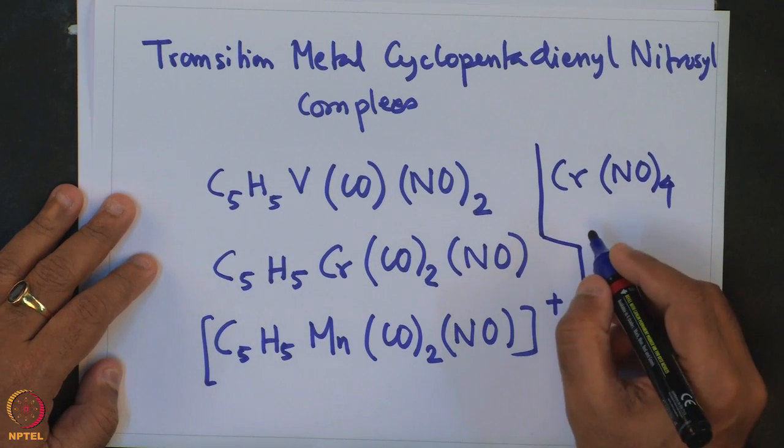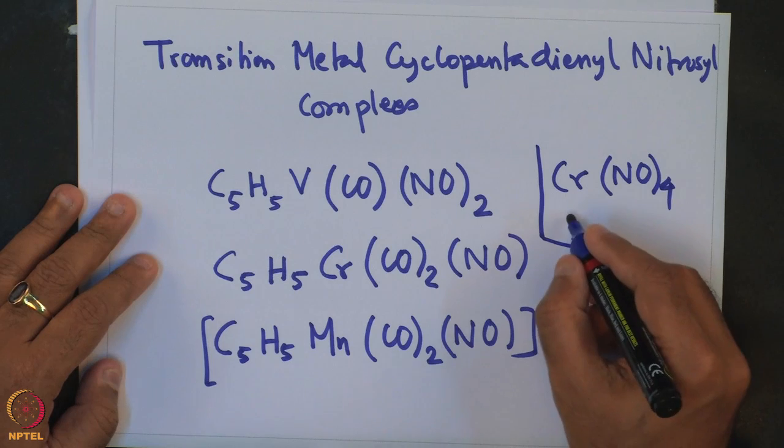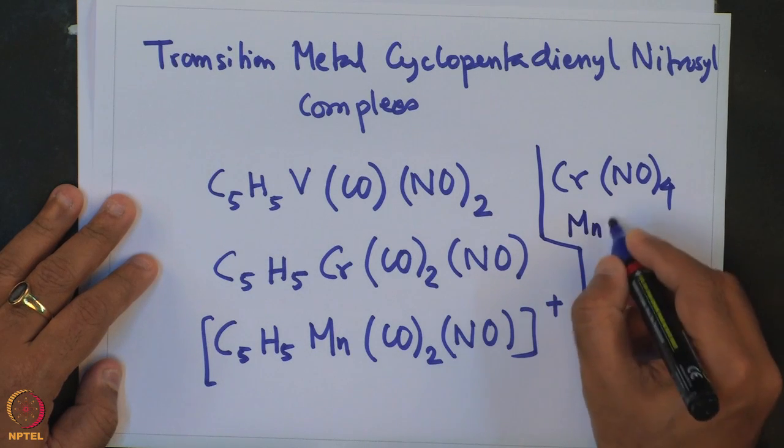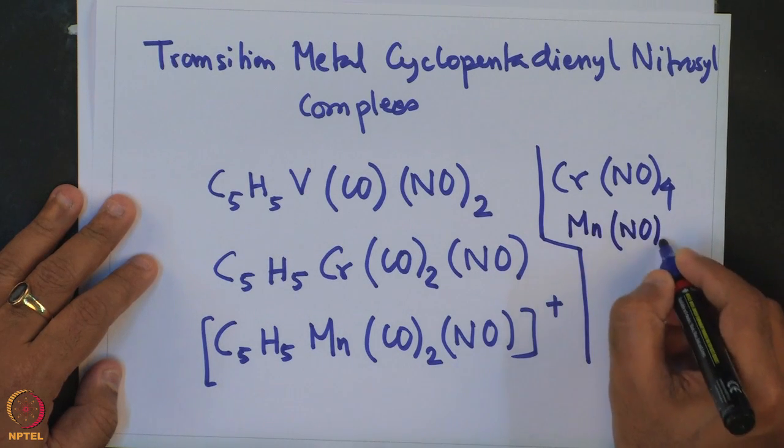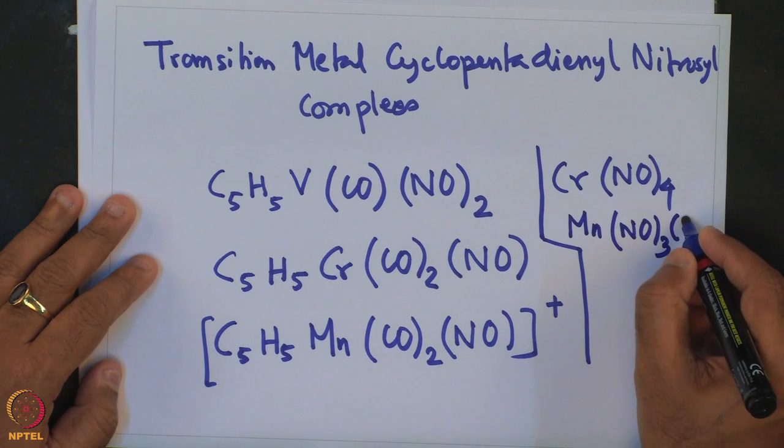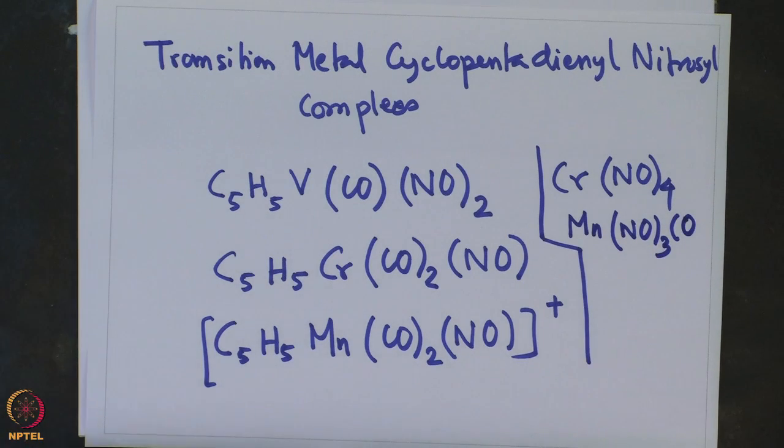For example, also there are nitrosyl carbonyl compounds. So what we see is that there are several combinations of different ligands, including nitrosyl, which can make transition metal complexes.